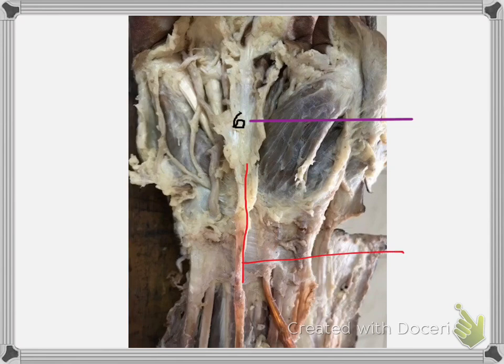So, this tendon is the tendon of palmaris longus. Look at this tendon, it goes and forms an aponeurosis. This is called palmar aponeurosis. So, palmar aponeurosis is a continuation of the tendon of palmaris longus. In some individuals, palmaris longus tendon is absent. So, the aponeurosis is derived from the flexor retinaculum.